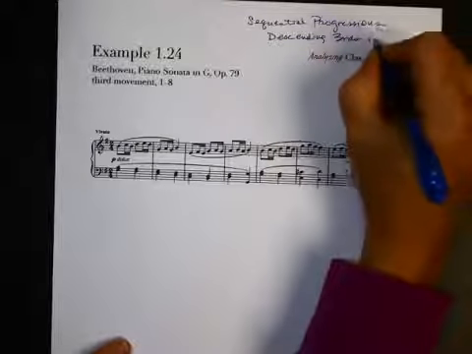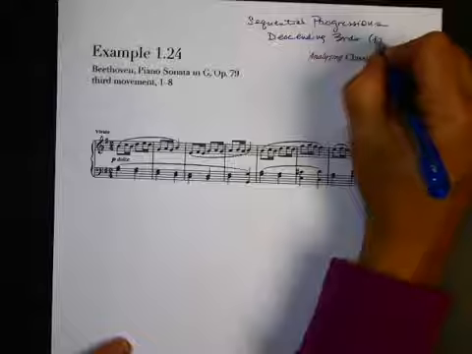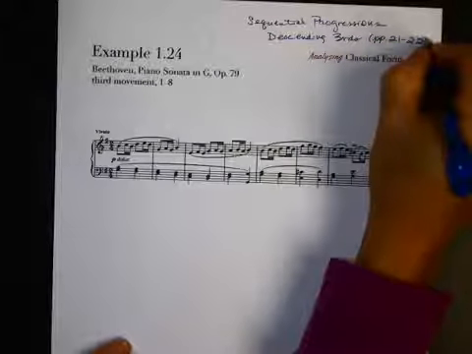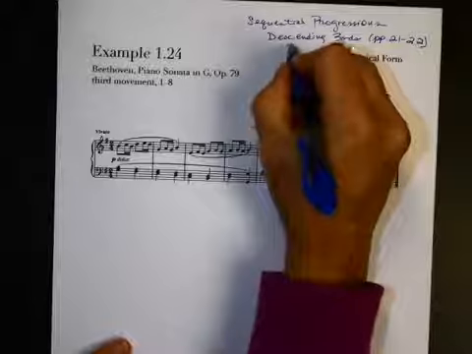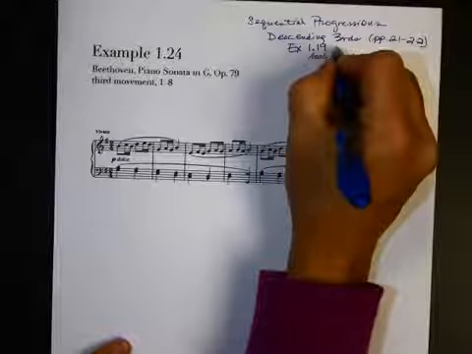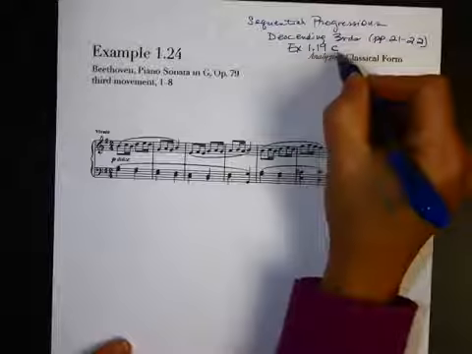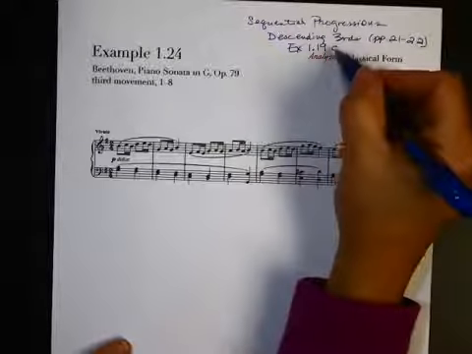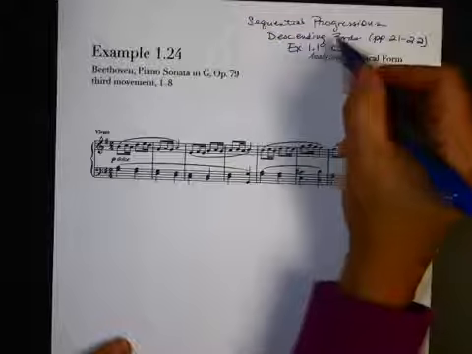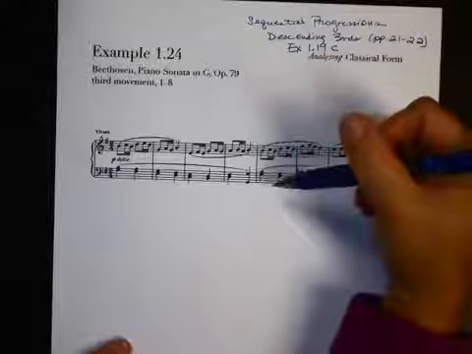And Kaplan talks about this in the book on pages 21 and 22. You will also want to study example 1.19c because that is the excerpt similar to, identical, not just similar but identical except for the key, that we will be recognizing in this excerpt.